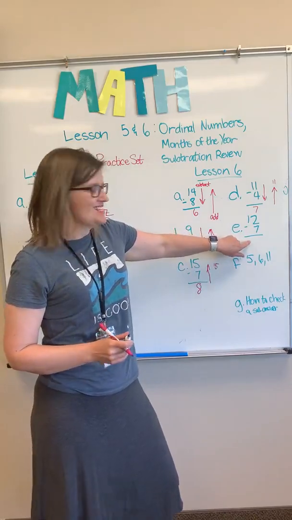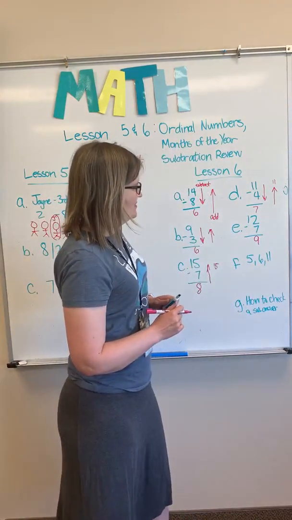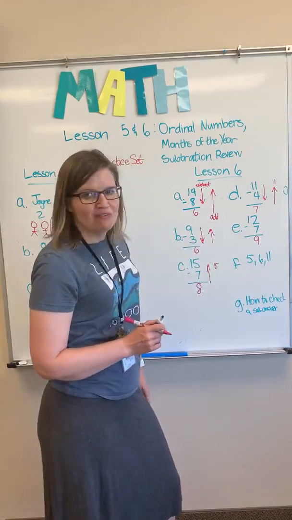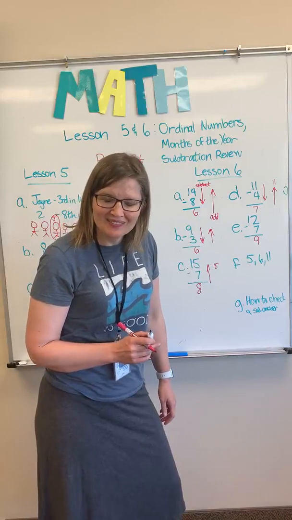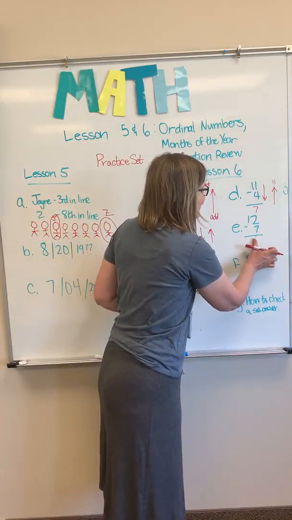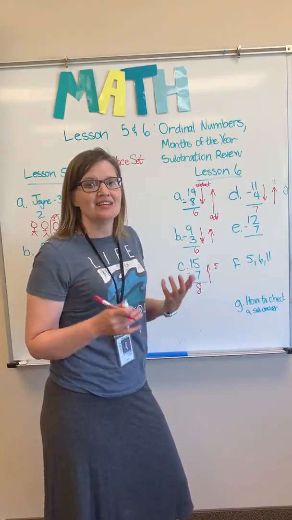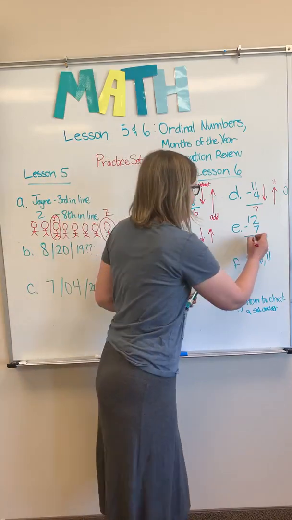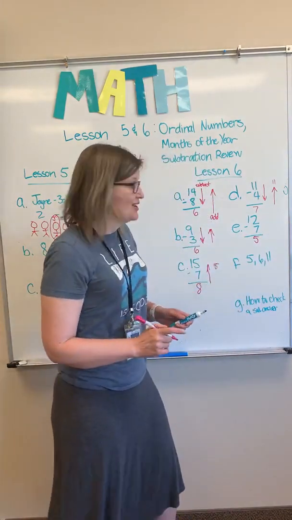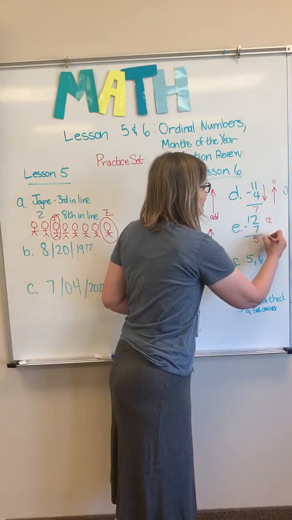12 minus 7 is 9. 12 minus 7 is not 9. Are we sure on that? I hope you were paying attention. 12 minus 7 is 5, because I know that 5 plus 7 equals 12.